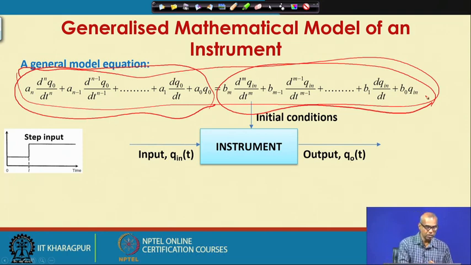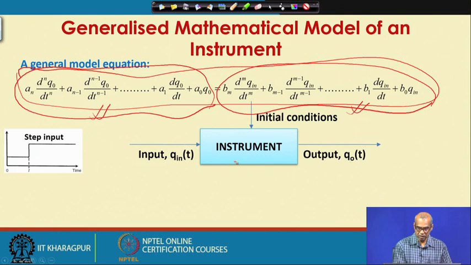So, an nth order differential equation represents the output and similarly an mth order differential equation represents the input. Note that both input and output are functions of time. That is why we are representing output by an nth order differential equation and input by an mth order differential equation.